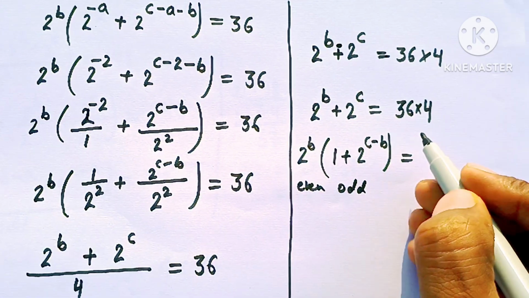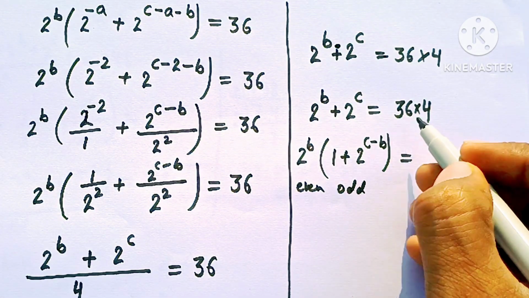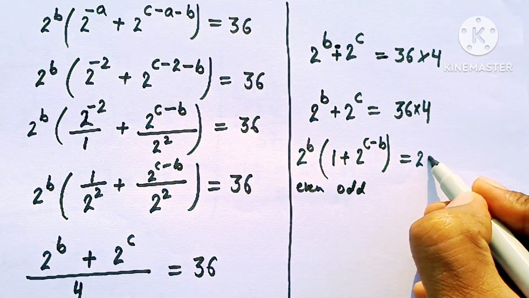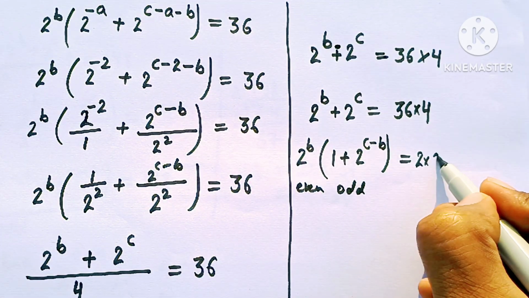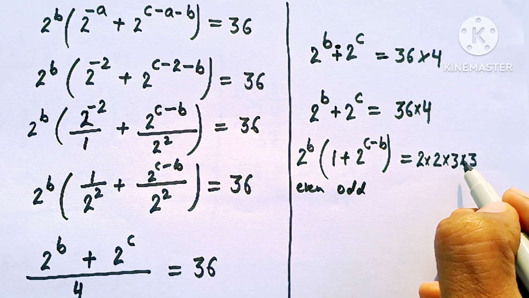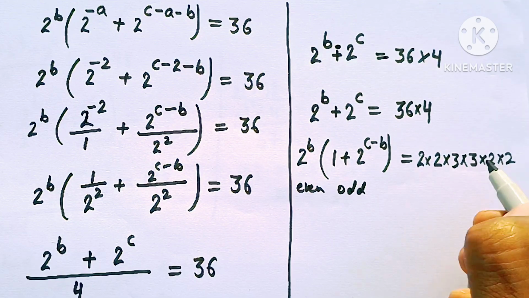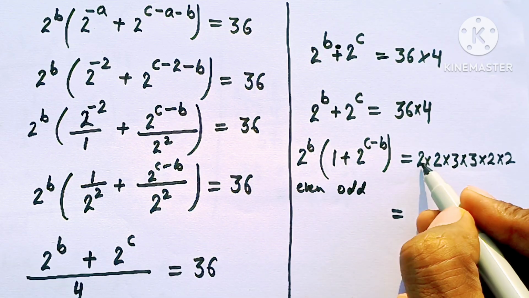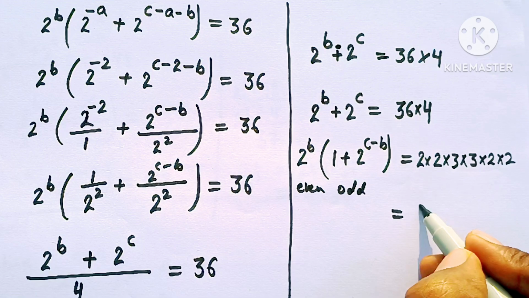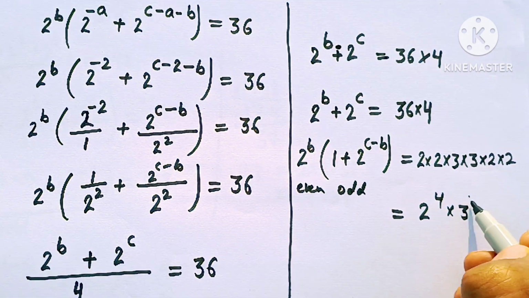Here 36 can be written as 2 into 2 into 3 into 3, so it is 4 into 9, 36. We have 2 into 2 twice, so I can write it as 2 to the power 4, and here we have 3 to the power 2.